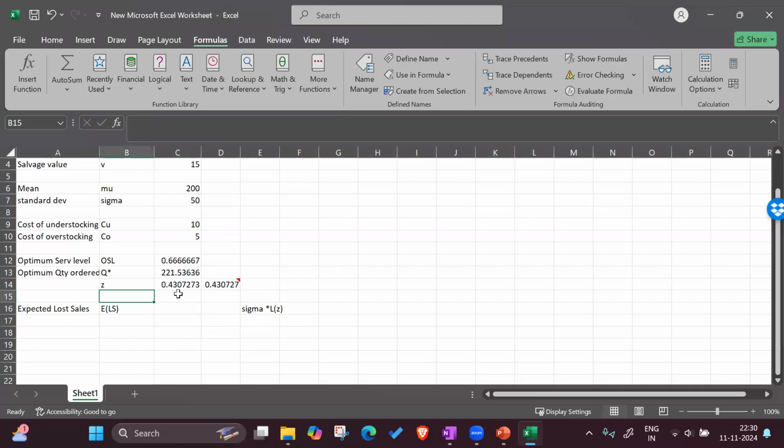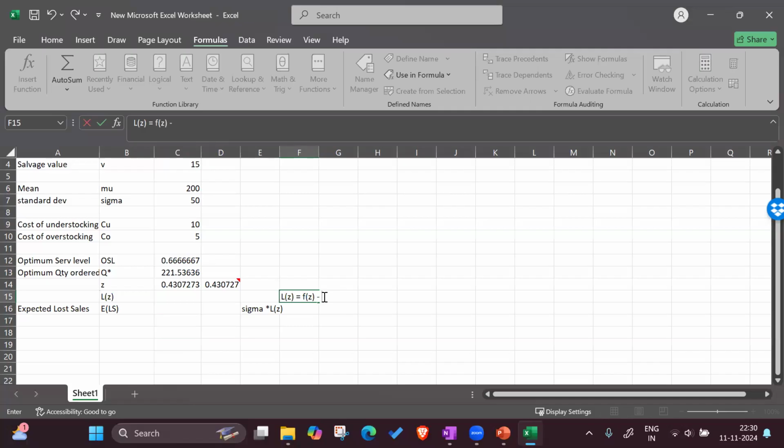Z is there, but we don't have L of Z. We know that the L of Z function can be calculated from Z, and L of Z is usually calculated as small f of Z minus Z into (1 minus capital F of Z). This is the formula that we have used. So I will try to get this from the Z value.